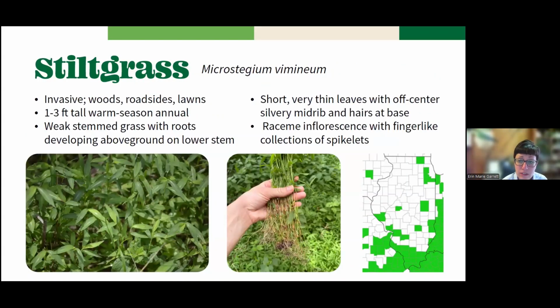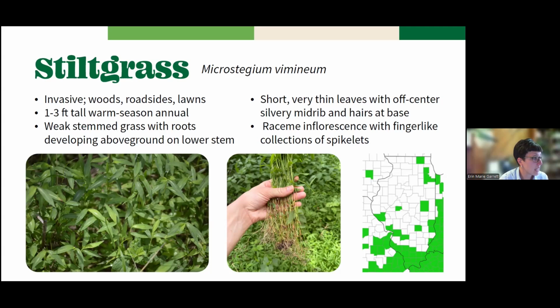Okay, we're going to move into stiltgrass. Stiltgrass is another invasive grass that we've been talking about for a while in Southern Illinois, and unfortunately, it is creeping its way up the state. This one is regulated in Illinois under the Illinois Exotic Weeds Act. What that means is it is illegal to buy, sell, distribute, or plant it.